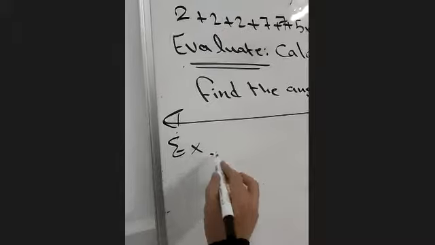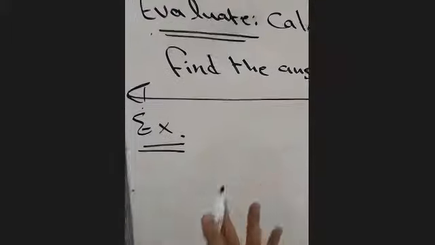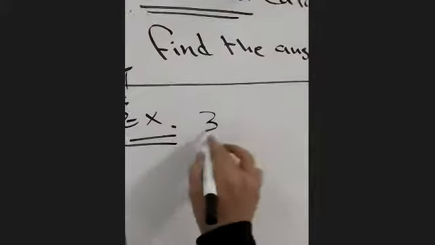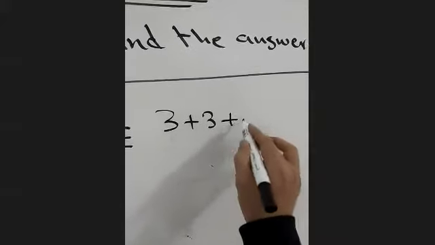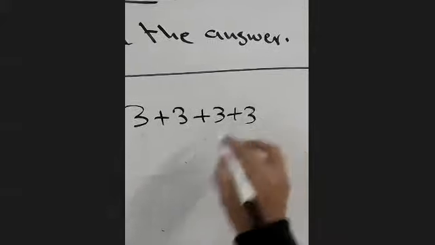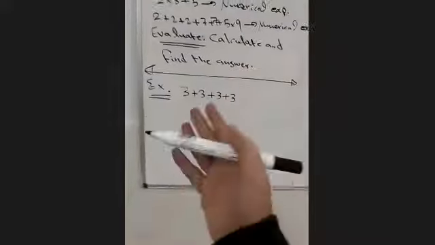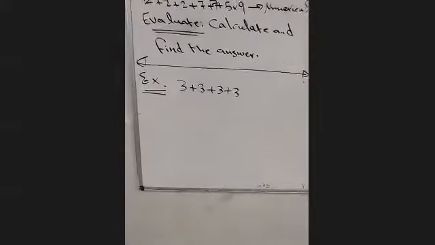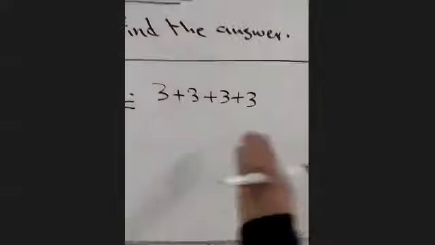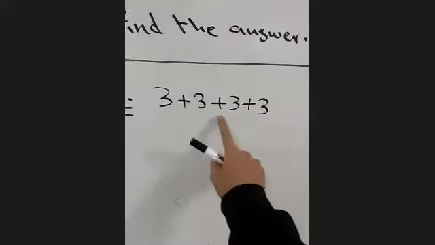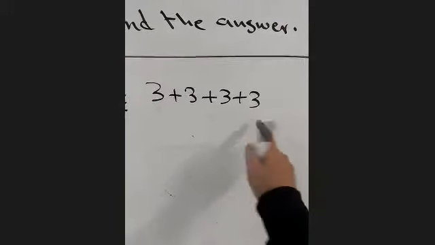If we have this numerical expression, and please focus with me, guys: 3 plus 3 plus 3 plus 3. We call it a numerical expression. And we can find the answer by adding these 3's. 3 plus 3 is 6, plus 3 is 9, plus 3 is 12.